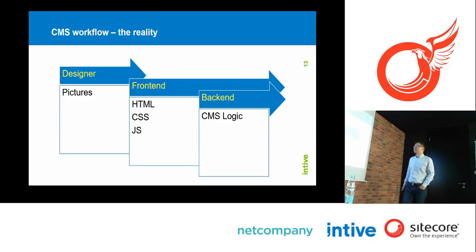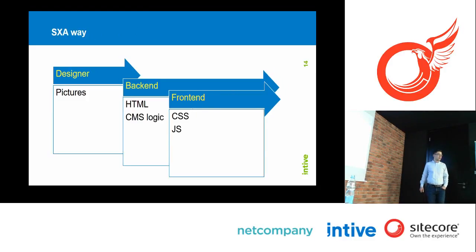Now with SXA, we get rid of the need to create the HTML part because we are using ready-to-use components. So the HTML is defined, and it's created or set up by the backend team. So we switch the dependency, and by having the standard HTML, we can allow frontend to work slightly later, but in fact in parallel.